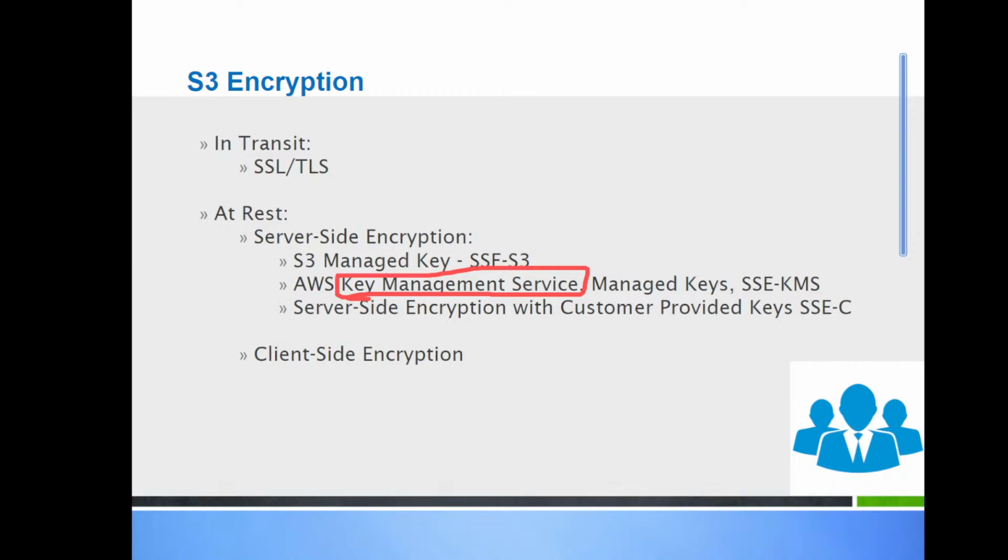Here you can create your own key, your custom key. You can select the algorithm, you can select some customization on your key, and you can ask Amazon to use this key to encrypt the data in S3. So Amazon will do the encryption, but you are providing the key.